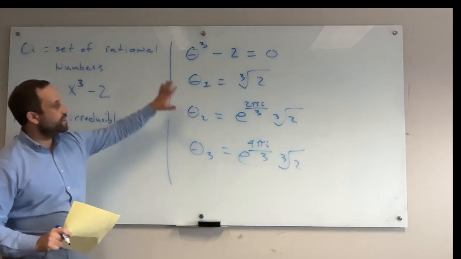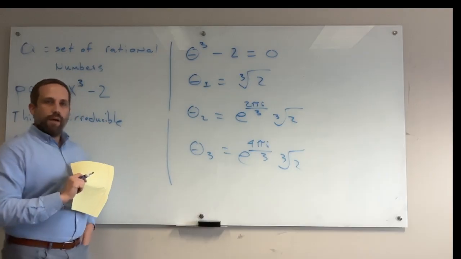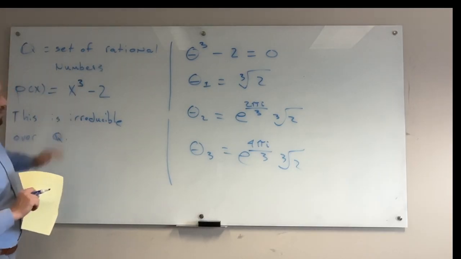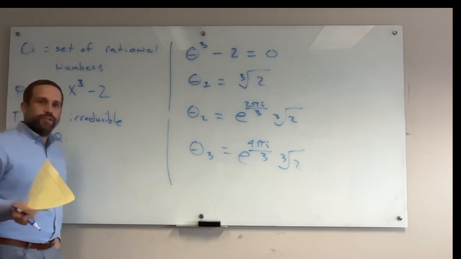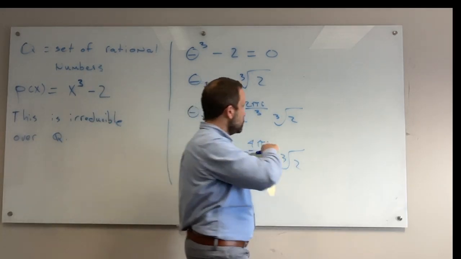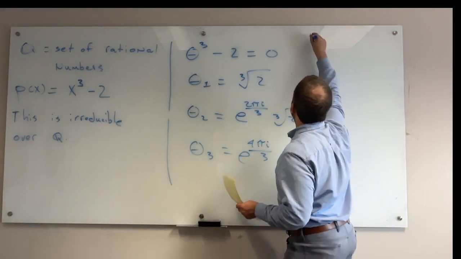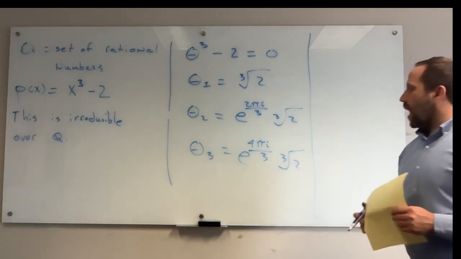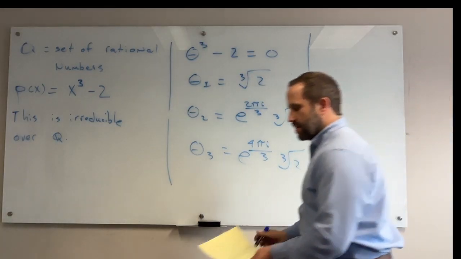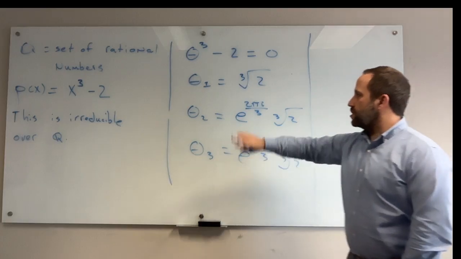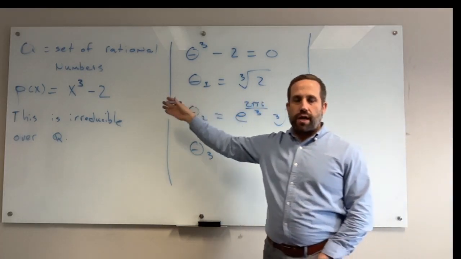So now again, we can distinguish these roots from each other, but the field Q can't. They're all just roots of this polynomial right here. But other than that, there's this symmetry. There's nothing different about them. So what this tells us is that we can permute these roots, and Q is not going to know the difference.